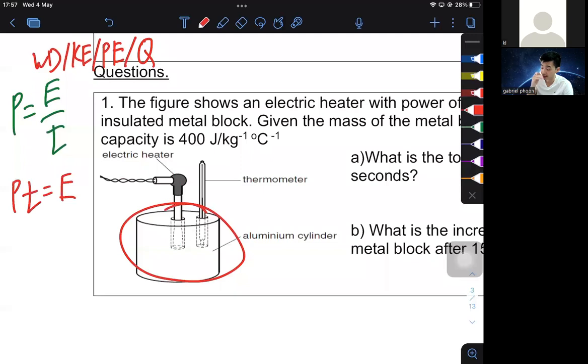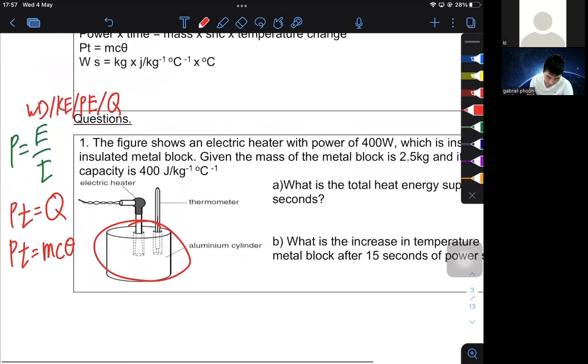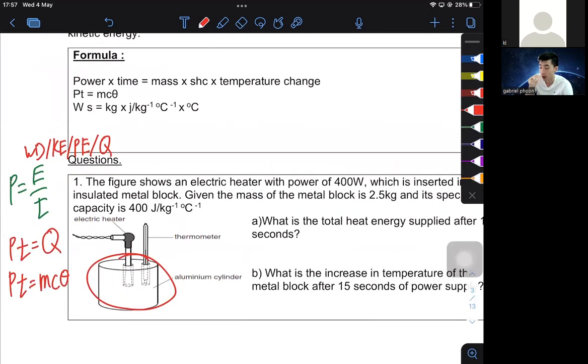Since we're talking about heat energy, power times time equals mc theta, and this gives rise to the whole formula of how we convert electrical energy to heat energy.